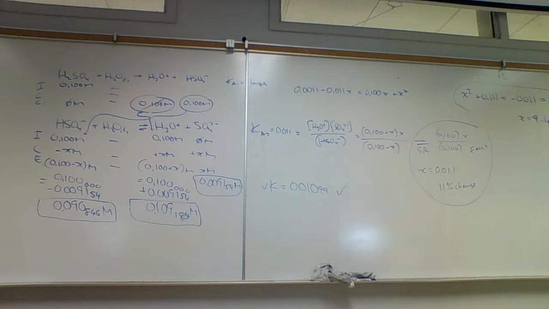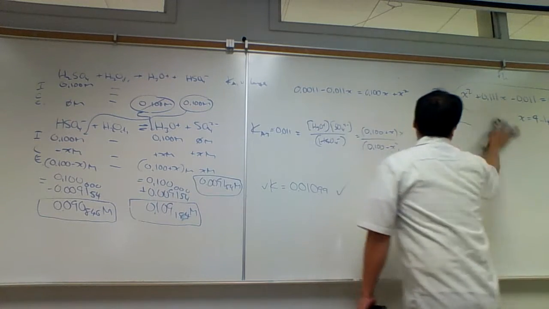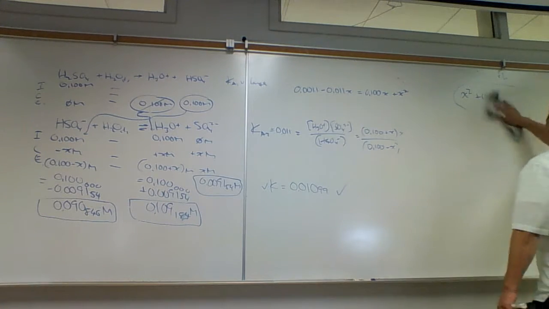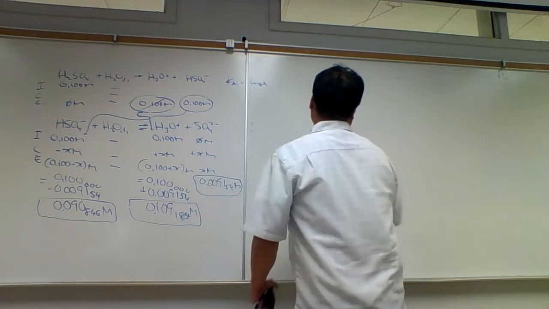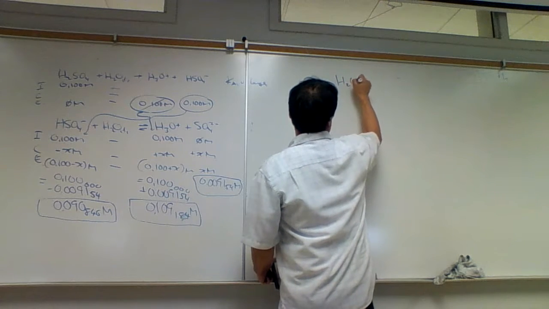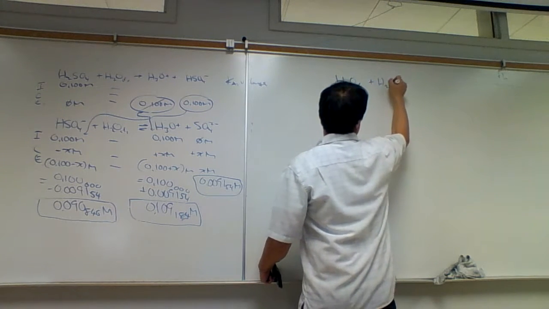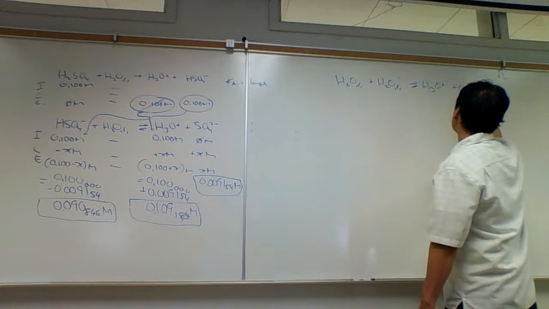But we're not done yet. We have step 3. And what is step 3? KW. So we've got to see how much more hydronium we're going to get from water. So step 3 is going to be H2O liquid plus H2O liquid giving us hydronium plus hydroxide.